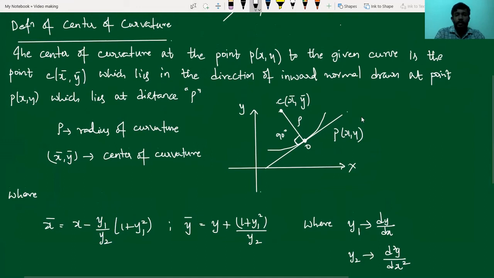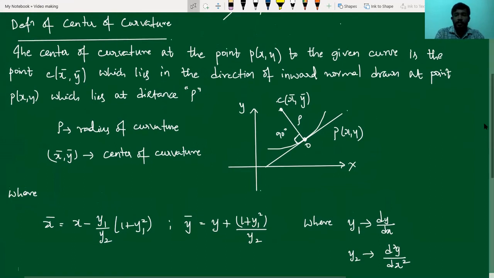Now we look at an example how to find out the center of curvature for the given curve.